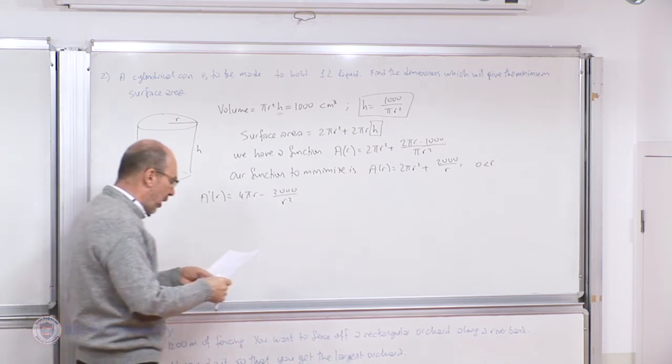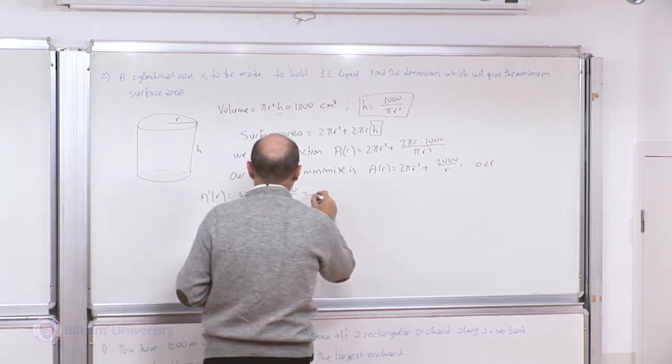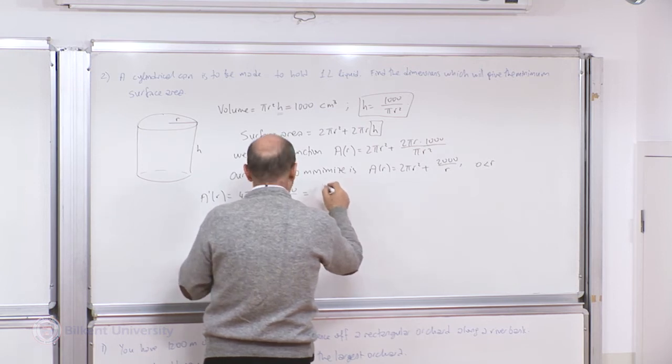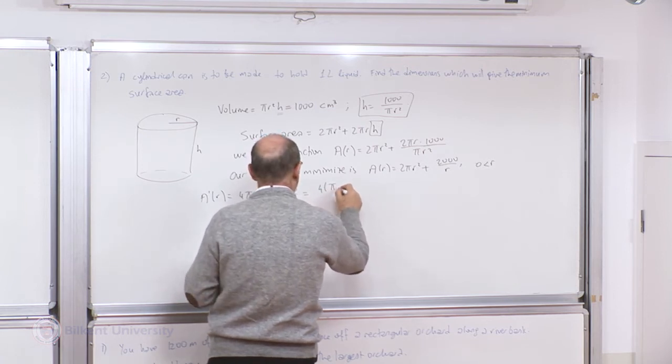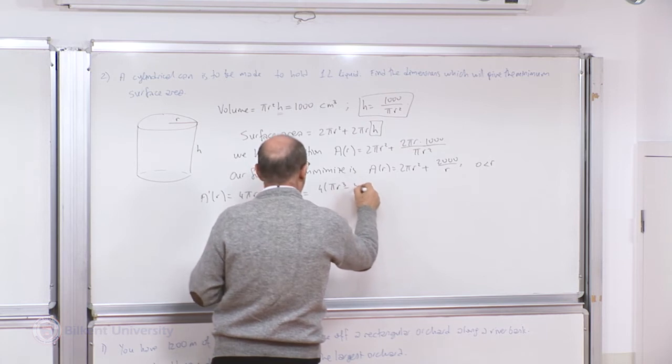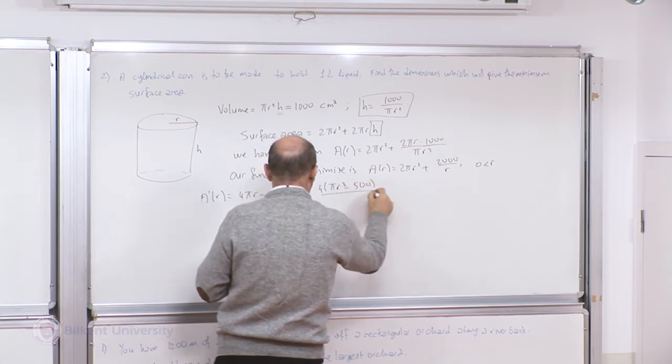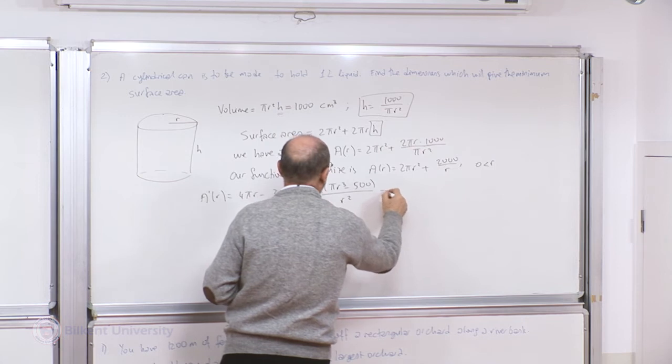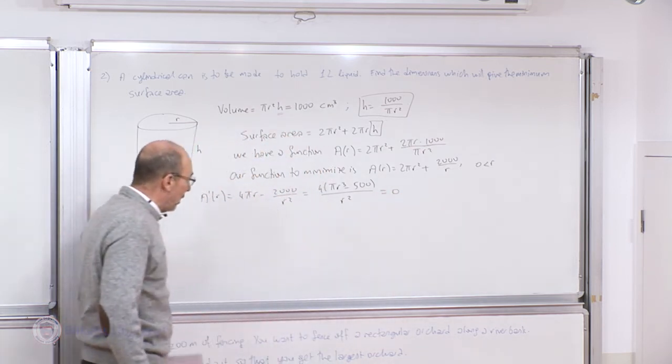Okay, so you equate this to 0. This is 4 pi r cubed minus 500 divided by r square. I want this to be equal to 0.